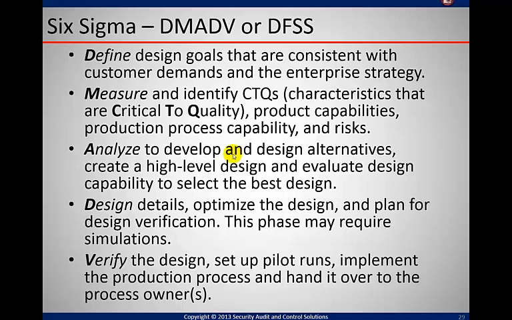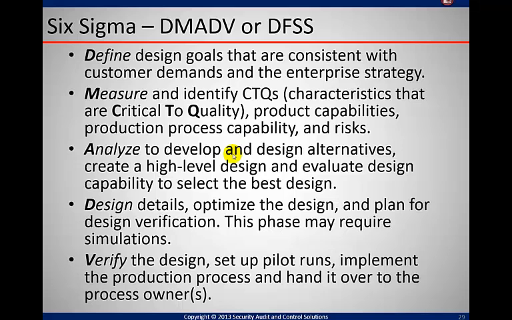Then we'll analyze to develop and design alternatives, create a high-level design and evaluate design capabilities to select the best design. We will design details, optimize the design, and plan for design verification. This phase may require simulations. Then finally, we verify the design, set up pilot runs, implement the production processes, and hand it over to the process owners.